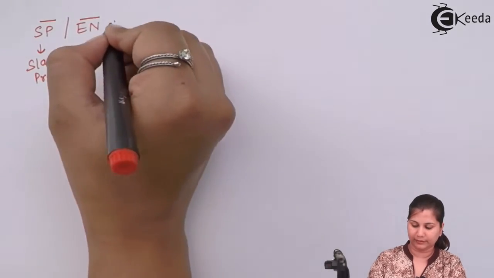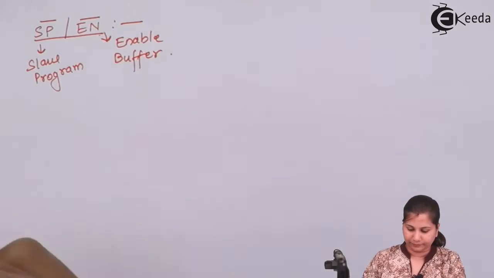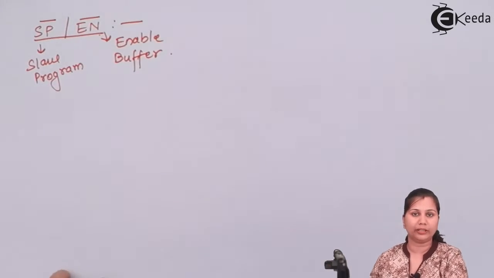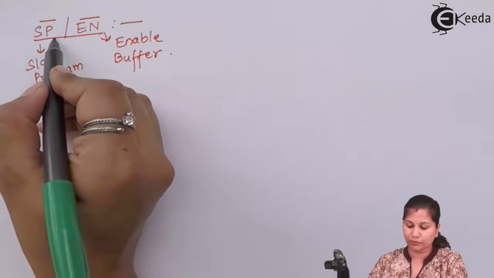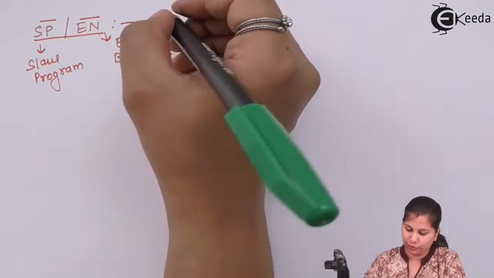You can see that this pin is a dual function pin. It is used for slave program, and it is also used to enable the buffer.